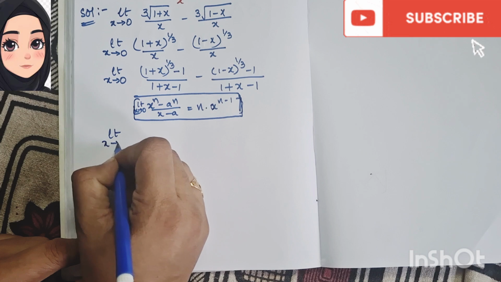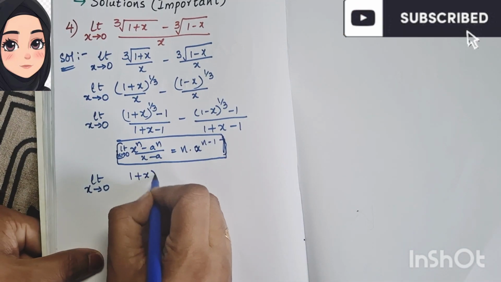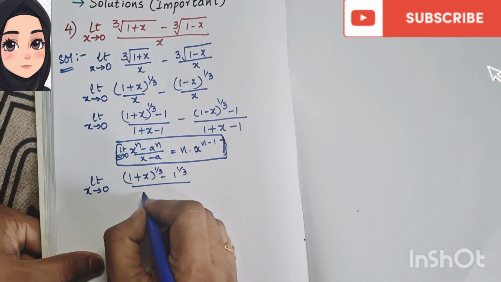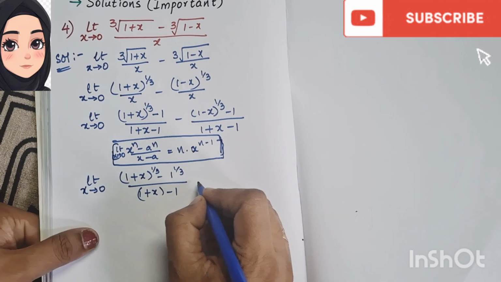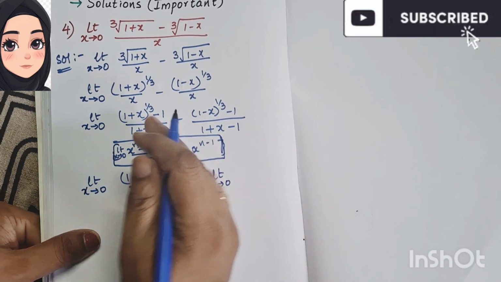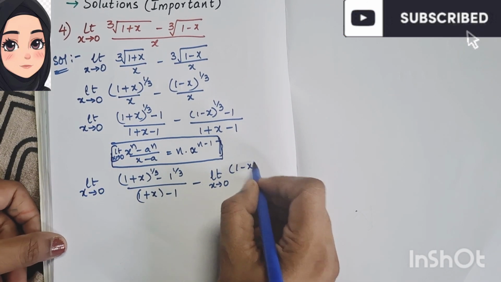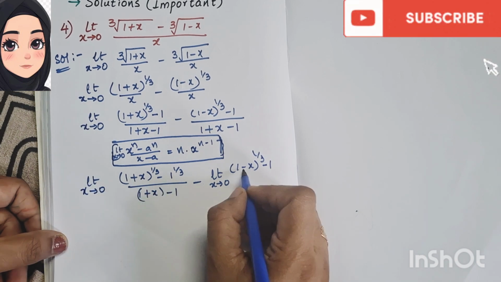Now this is (x power n minus a power n) by (x minus a) form, and I am also writing limit x tends to 0 for separating these two terms by limit. Now (1 minus x) whole power 1 by 3 minus 1: here the difference is 1 plus x, here 1 minus x.